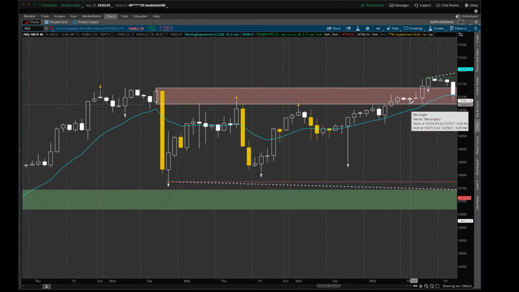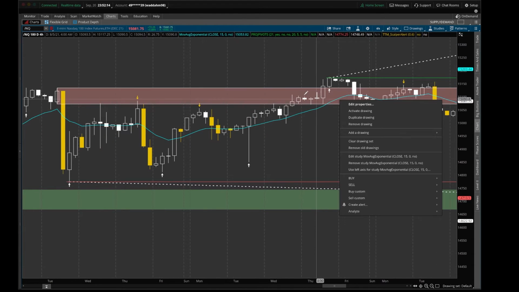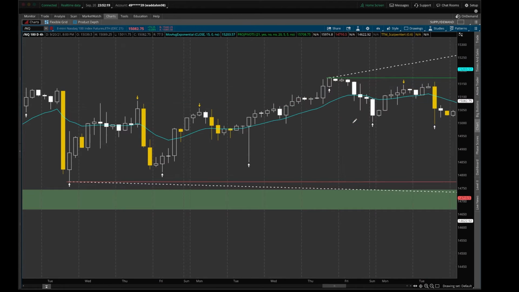You could see the bounce once and then a second time before the Nasdaq made a new high. So the moment we get that consolidation and break, I would remove that supply zone because it's no longer active.